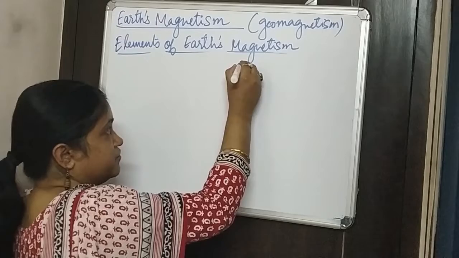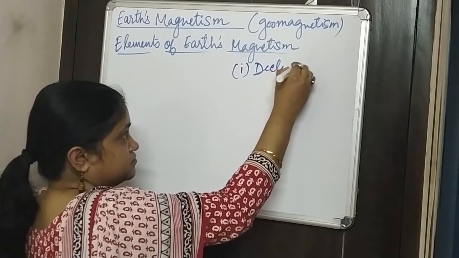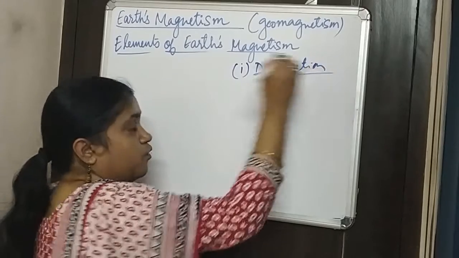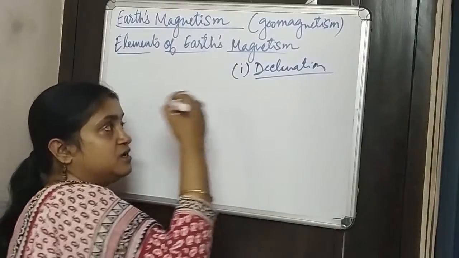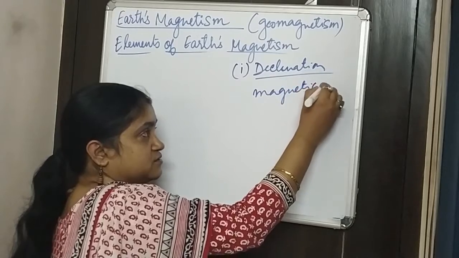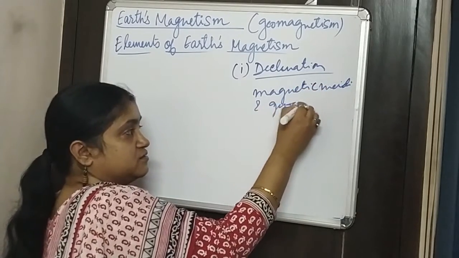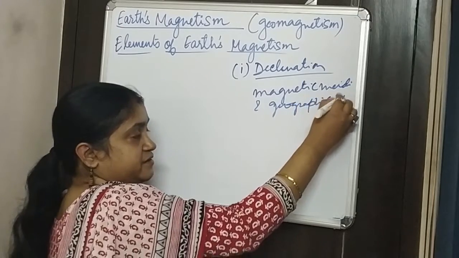First, we call the declination, or magnetic declination. This is the angle between the magnetic meridian and the geographical meridian.